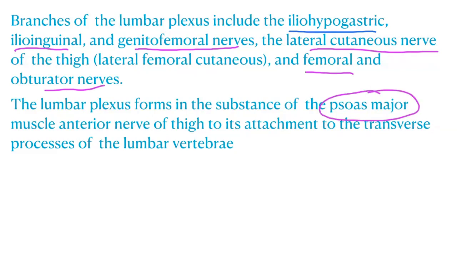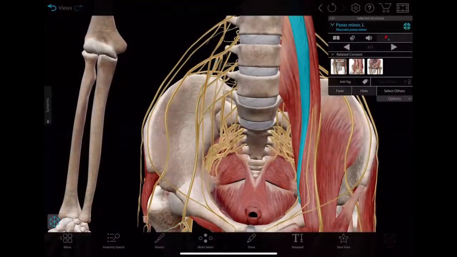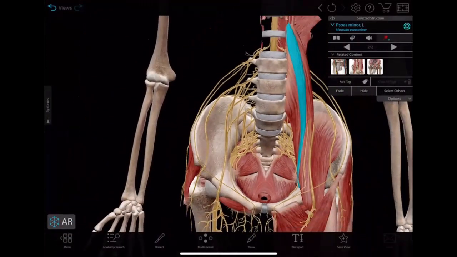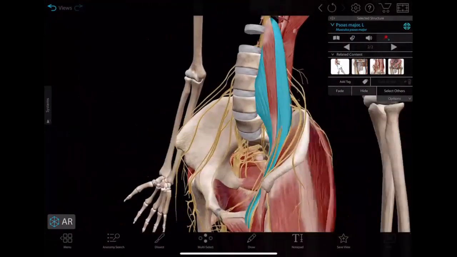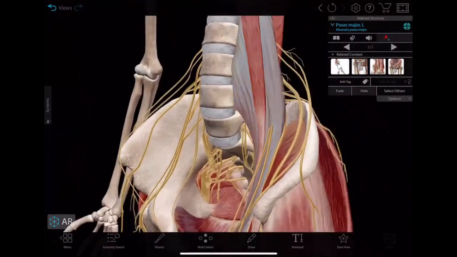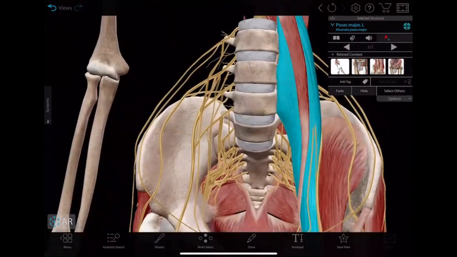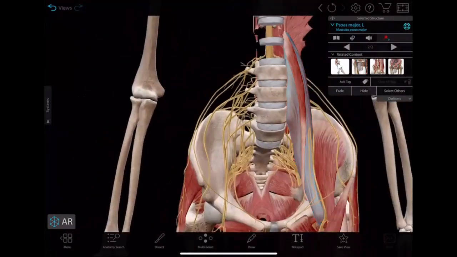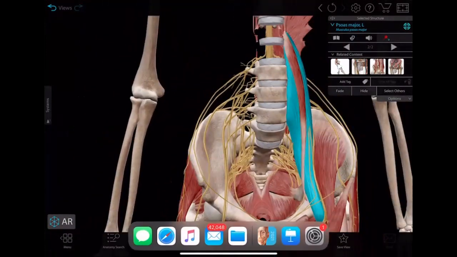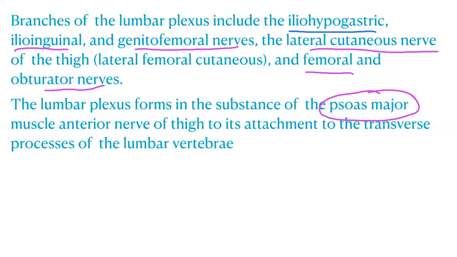The lumbar plexus forms in the substance of the psoas major muscle. So everything is related to the psoas major muscle. This one is the psoas major muscle. The plexus lies anterior to the transverse processes of the lumbar vertebrae.